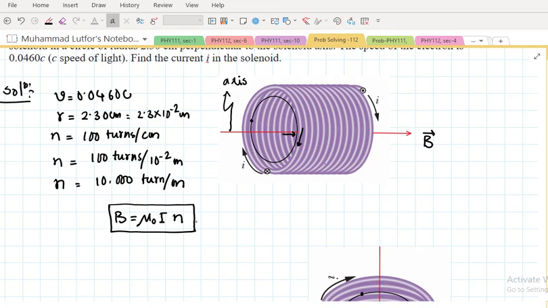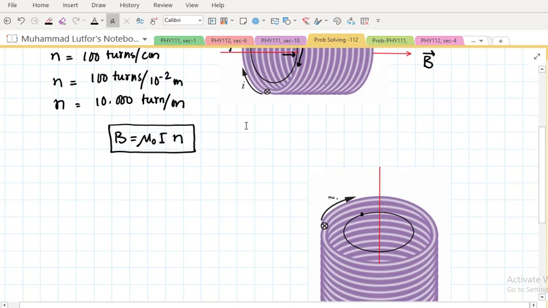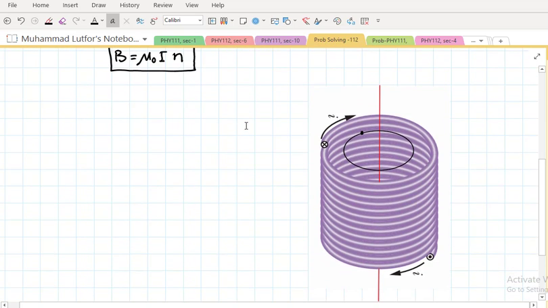Now due to that magnetic field, it will also create a magnetic force on the electron. So what would be the direction of that magnetic force on the electron? To find that direction, I'm going to draw it. Say the electron is revolving in this direction.